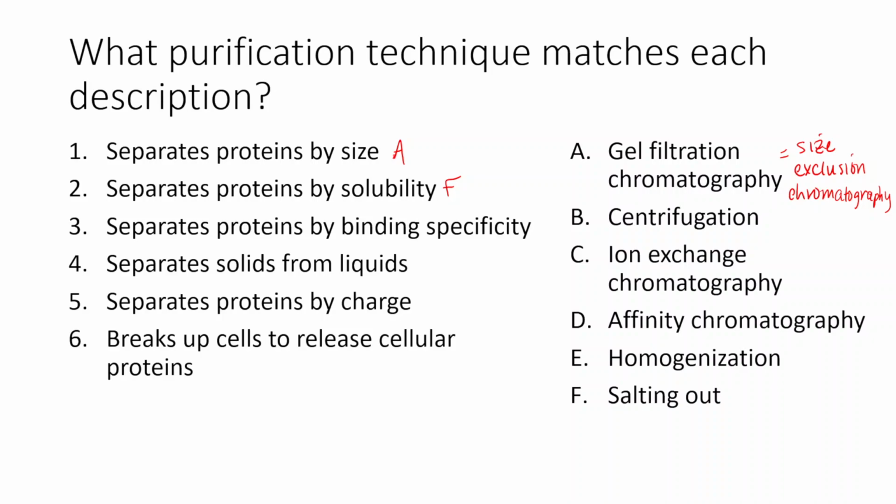I confused myself. So let's start again. First, you remove proteins that are less soluble than your protein of interest. Then you remove your protein of interest from the proteins that are more soluble than it is. Somewhere in here, there's a diagram of that when we go over a question with it. Okay, so number 3, which one of these separates proteins by their binding specificity?